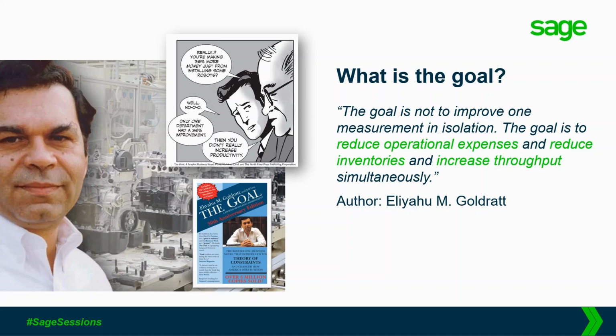Determine the constraint or weak link, exploit it, optimize it, subordinate all other factors in production to it, always strive to increase the capacity of the weak link, and the impact is improved throughput, on-time delivery, and improved profitability. If you enjoyed the web scheduling series so far and are interested in some of the concepts we've discussed, read The Goal. I recommend it highly.